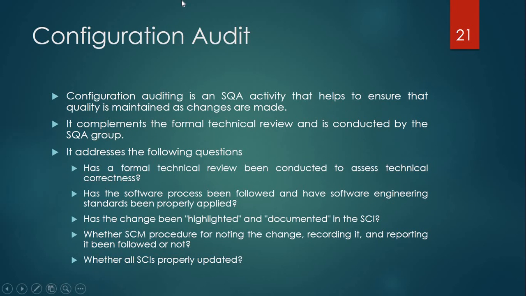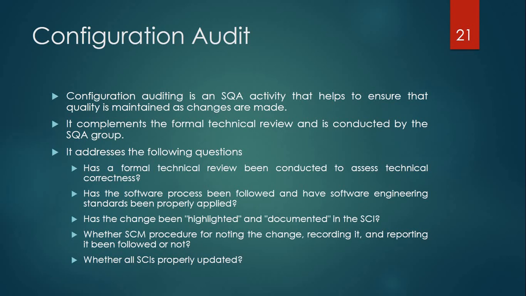Configuration audit. Configuration audit is an SQA activity that helps to ensure that quality is maintained as changes are made. It implements the formal technical review and is conducted by the SQA group. It addresses the following questions. Has a formal technical review been conducted to assess technical correctness?